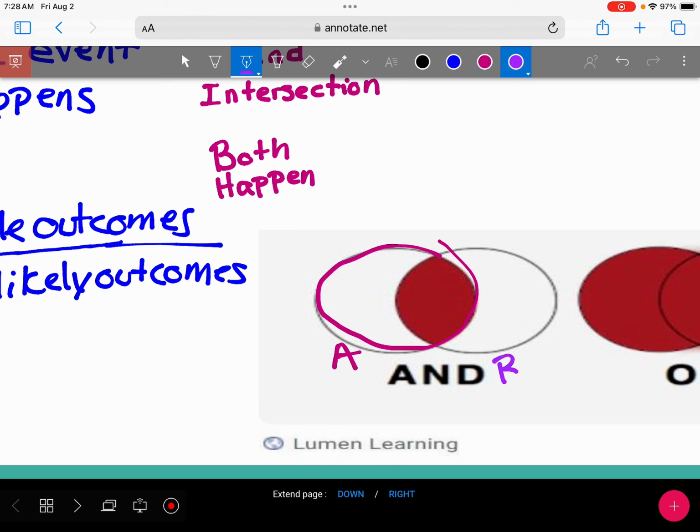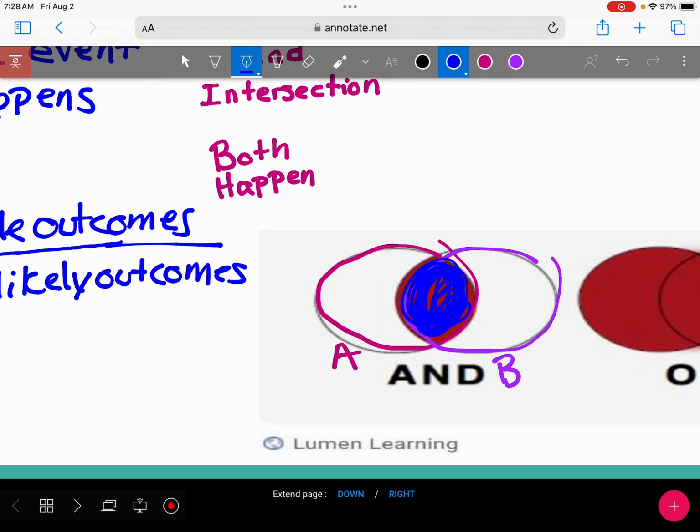This is event B in the right-hand circle. And since both happen, it's this part right in the middle where they cross. Both are happening. It has to be both. The coin lands on heads and I roll a 6. Both happened. So and means both.